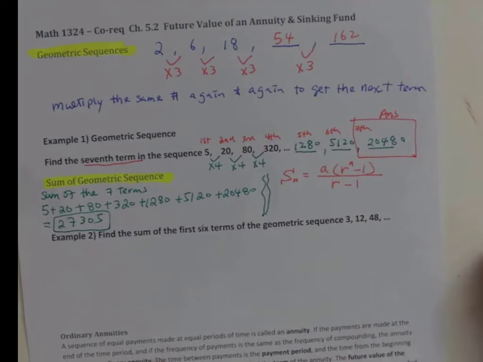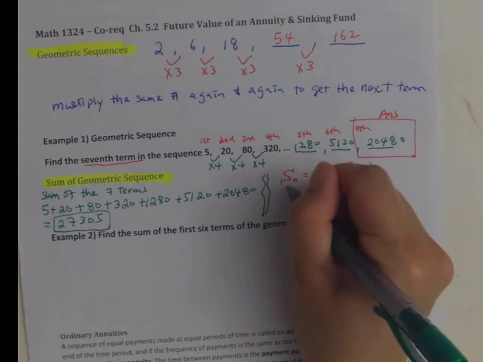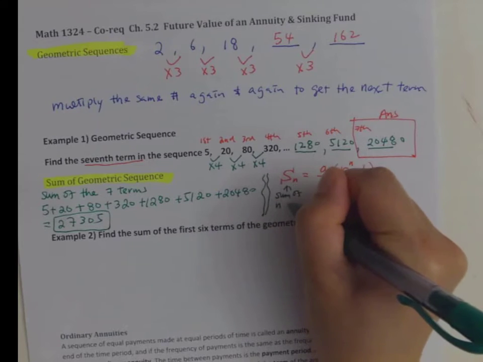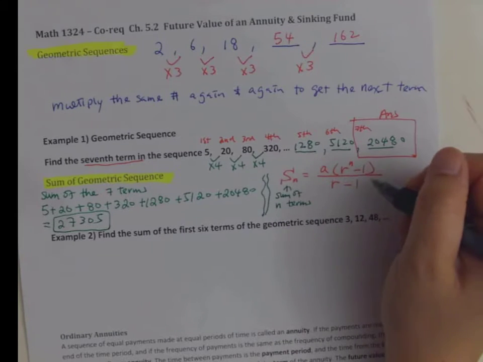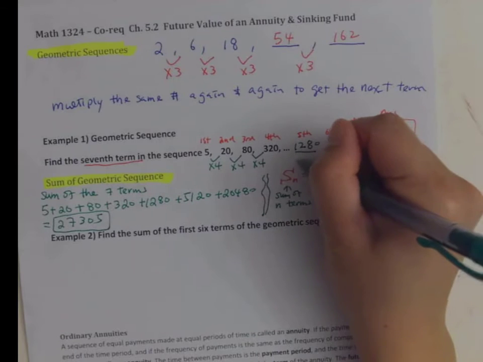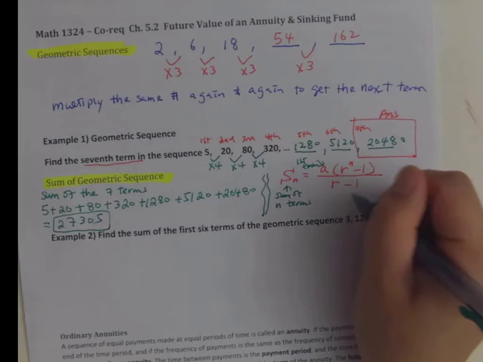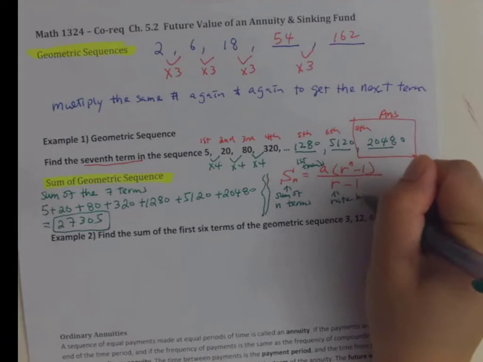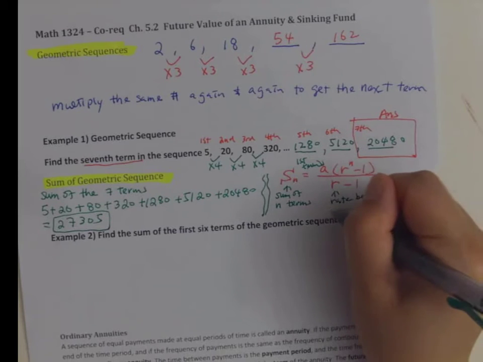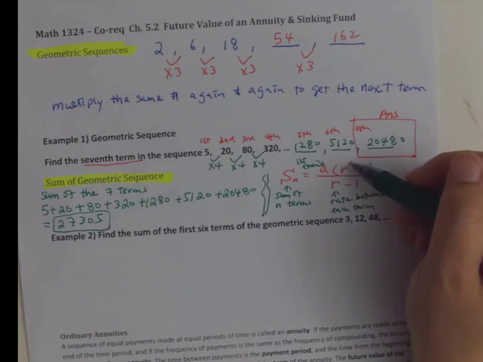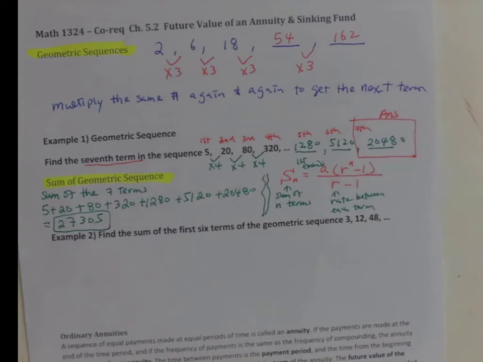Let me explain this. S_n, the sum of n terms, a represents the first term of your sequence. The r is the ratio between each term. And of course n is how many terms, right?